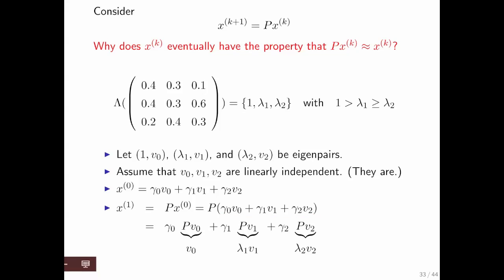And then we can bring our P inside and bring our scalars outside, and what you get is this right here. But what do we know? We know that P times v0 is just v0. Why? Because that comes from this eigenpair right here. The eigenvalue is 1. And we know that P times v1 is just lambda 1 times v1. And P times v2 is just lambda 2 times v2.